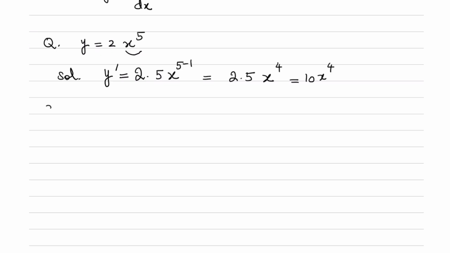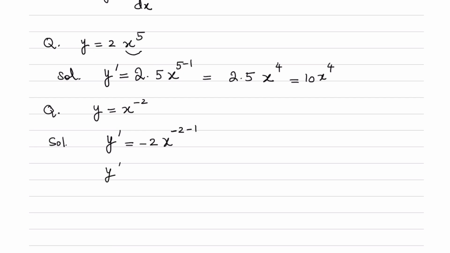Let's attempt another question. You have y equal to x to power minus 2. So to find the derivative, you find y dash. You can again apply the power rule. It doesn't matter that the power is a negative number. So you bring the power on the side by the power rule of derivative and you subtract 1 from the power.